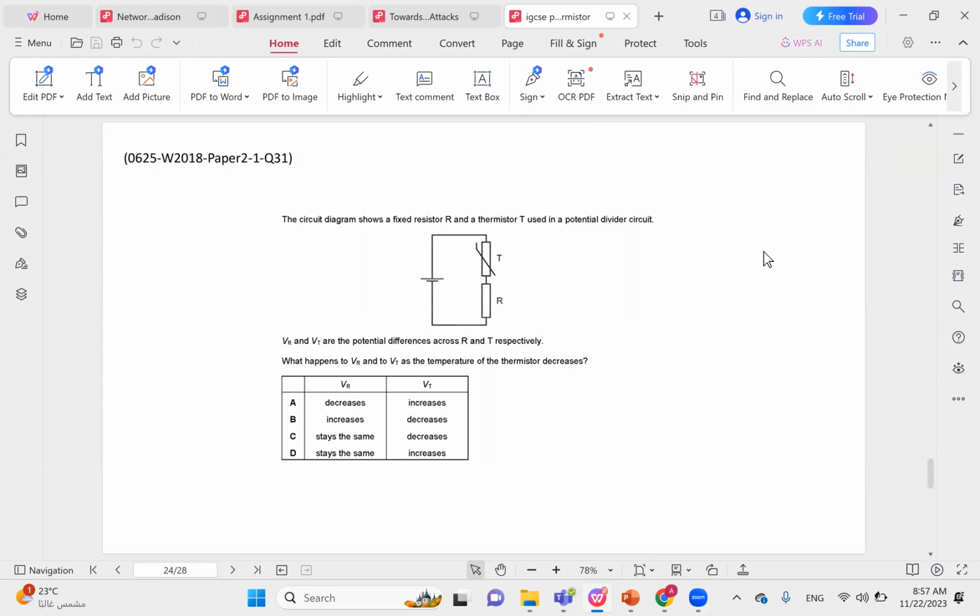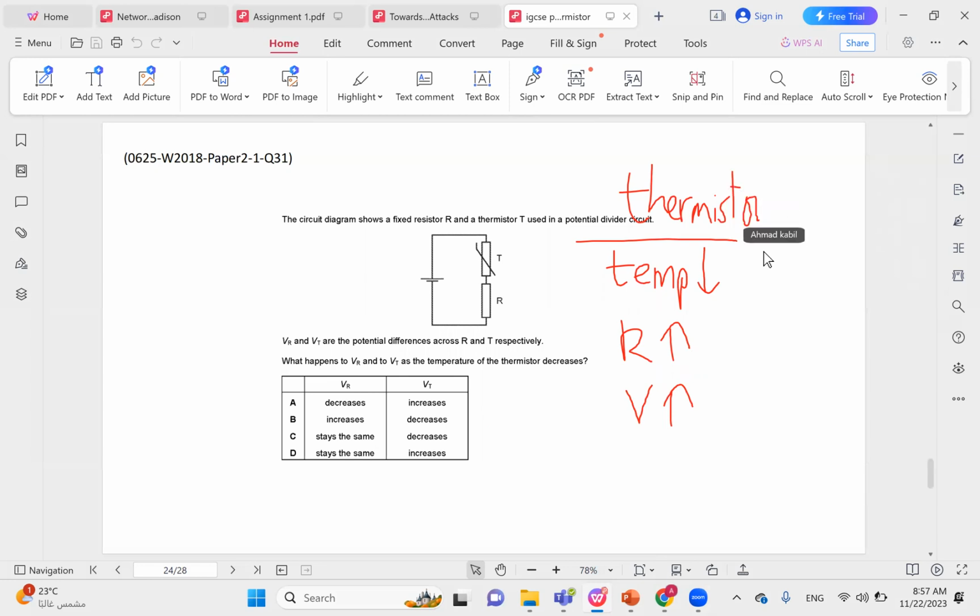So when the temperature decreases, the resistance increases and the voltage increases. This is in accordance to the thermistor. So for the thermistor, when the temperature decreases, the voltage increases. So for T, since here the temperature decreases, we expect the voltage to increase.